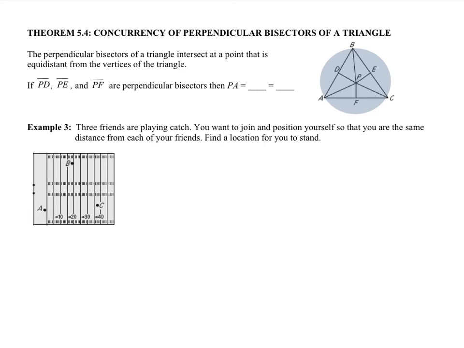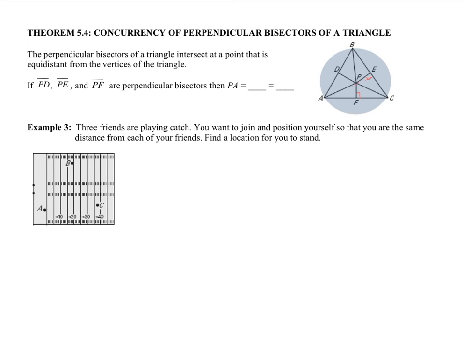Theorem 5.4. Concurrency of perpendicular bisectors of a triangle. This theorem states that the perpendicular bisectors of a triangle intersect at a point that is equal distance from the vertices of a triangle. So what does this mean? It means that if PF is the perpendicular bisector of segment AC, and PE is also the perpendicular bisector of segment BC.